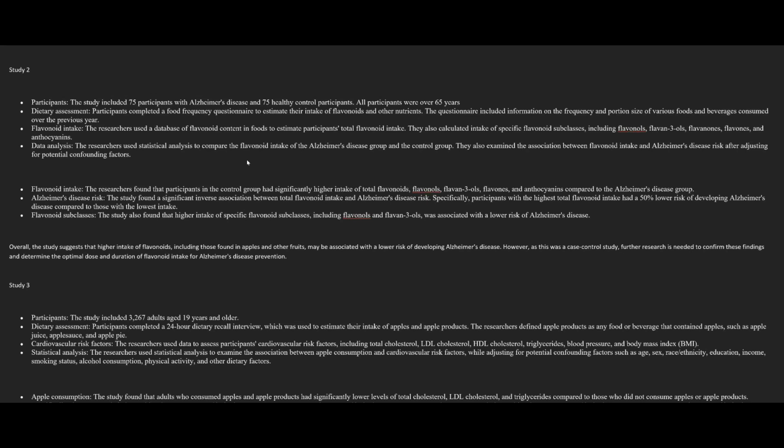The patients that had higher levels of flavonoids had, apparently, a 50% lower risk of developing it. And flavanols and flavan-3-ols were the types of flavonoids that were most associated with lower risk of Alzheimer's disease.